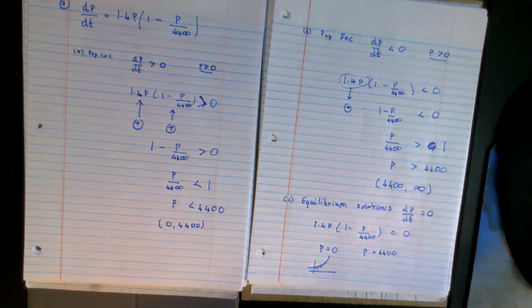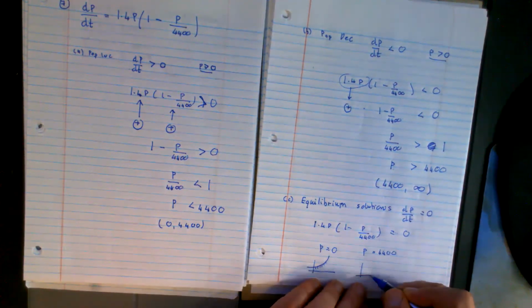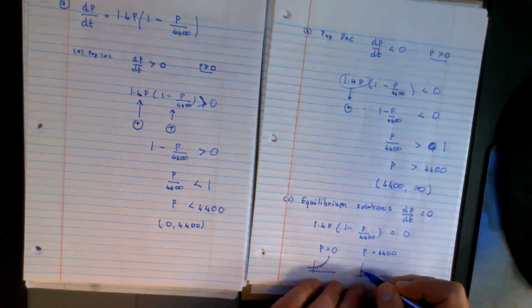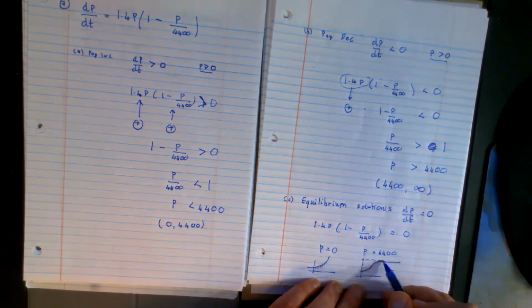Everybody in the world ends up living in one place. What typically happens when you graph this kind of model is it goes like this and then it kind of levels off. In this case, at 4400.